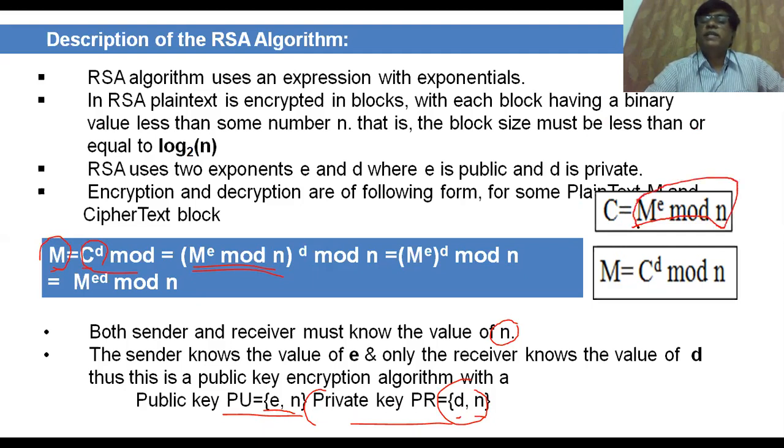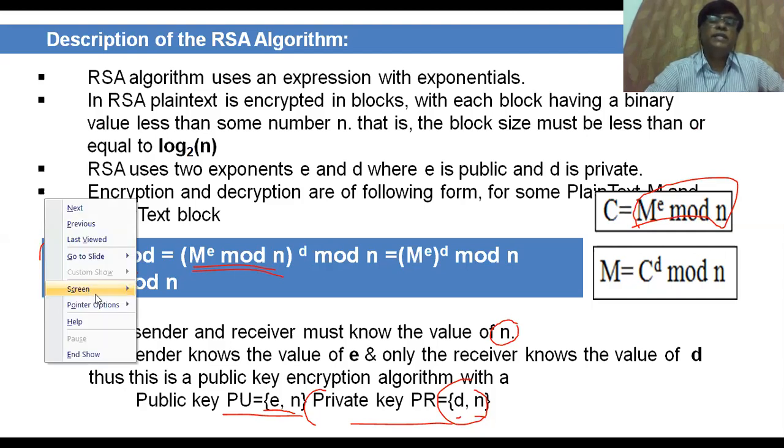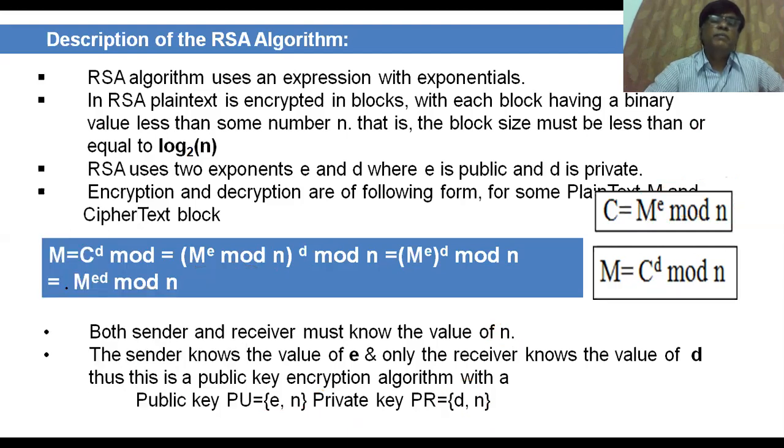The ciphertext is M power E mod N. To get the plain text M from the ciphertext, you have to decrypt the ciphertext: C power D mod N gives the plain text M. So what is the ciphertext?